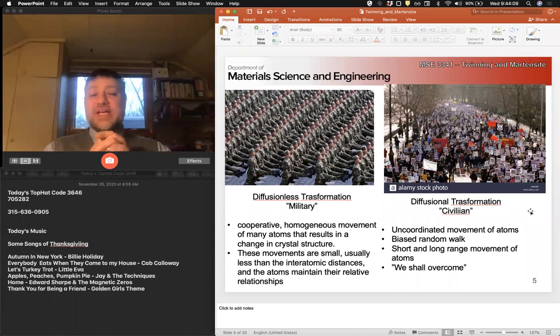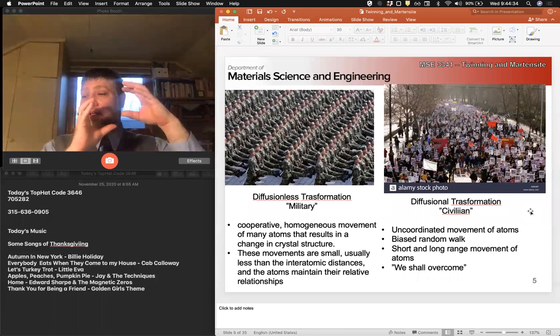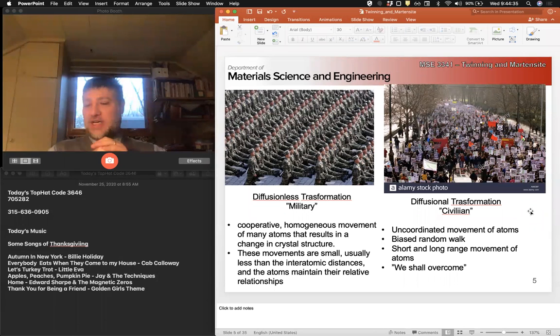The movement of each individual atom is small, normally less than one interatomic distance, right? So the amount that an atom moves during twinning or martensite is less than the atomic jumps that happen in a diffusional phase transformation. But because everything happens at once, it leads to large macroscopic changes, right? And that sort of takes a little bit of wrapping your head around.